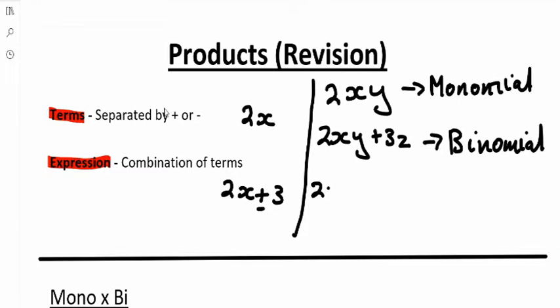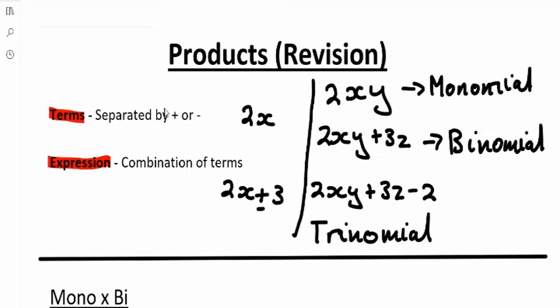And just to do one more, if we add 2xy plus 3z minus 2, that's 1, 2, 3 terms, this would be known as a trinomial. The only thing that changes is the prefix before the word nomial. Mono means 1, bi means 2, tri means 3, etc., etc.